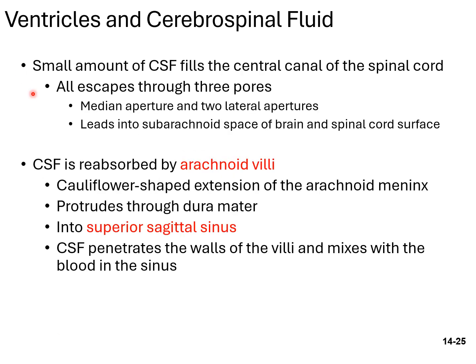And what happens, small amounts of cerebral spinal fluid fill the central canal of the spinal cord. They escape through 3 pores. And cerebral spinal fluid is then reabsorbed by arachnoid villi. These are cauliflower-shaped extensions of the arachnoid meninges.